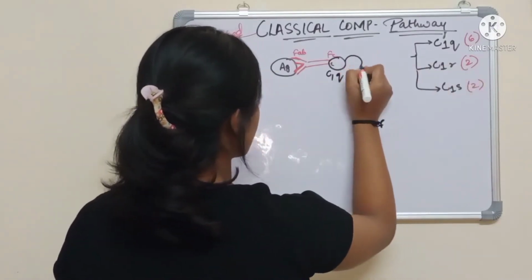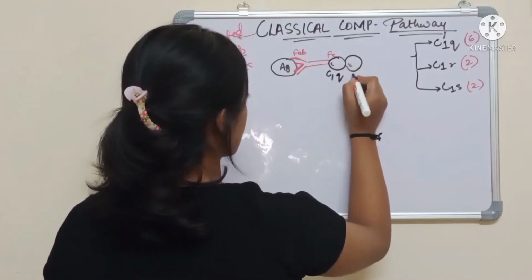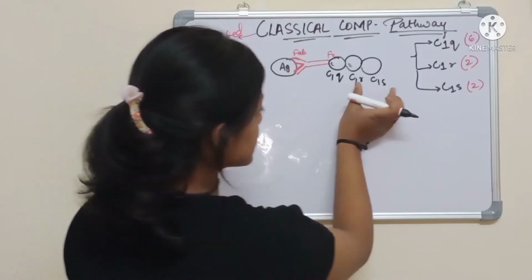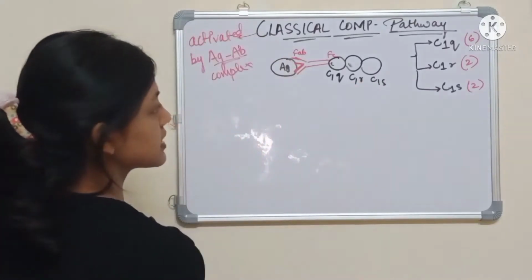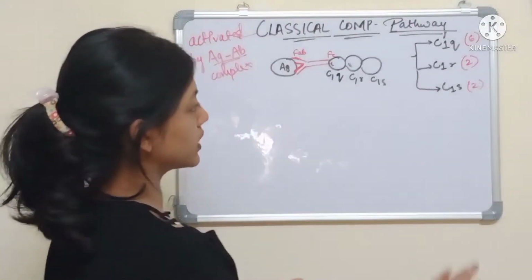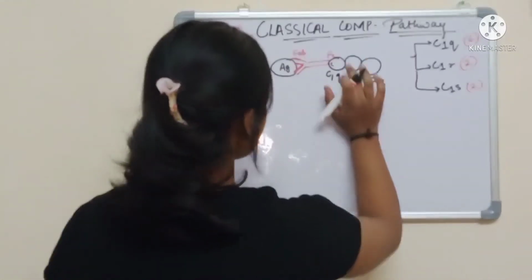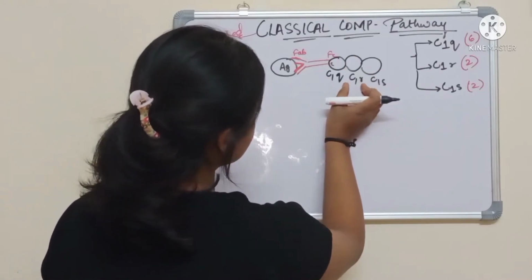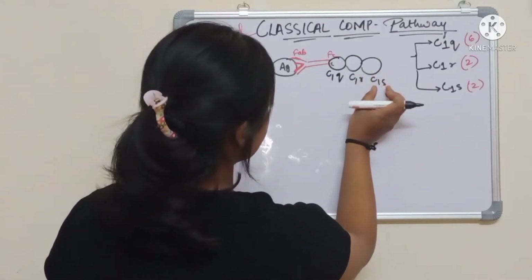Then C1r will come, then C1s comes. C1r and C1s are proteases. That means they will cleave another protein and activate it. So C1r gets activated and it will activate C1s.